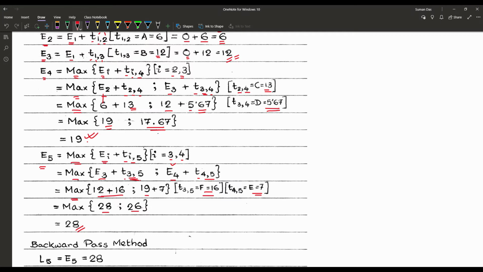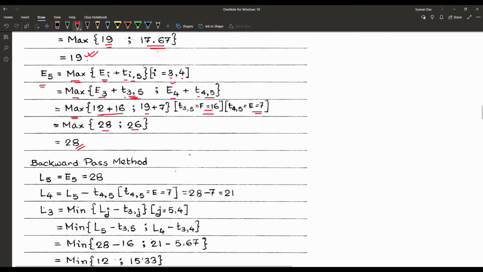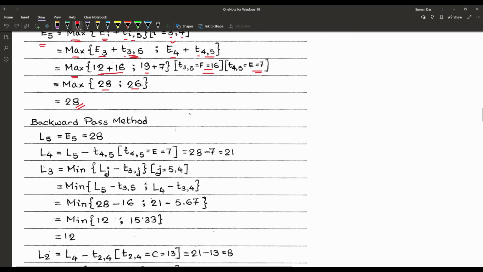Now we are calculating the backward pass method. When calculating the backward pass, we use L5 at first, and that, as usual, must start from our 28. Then we are finding L4.